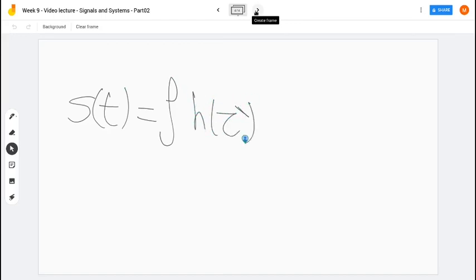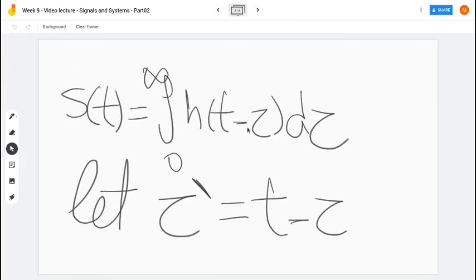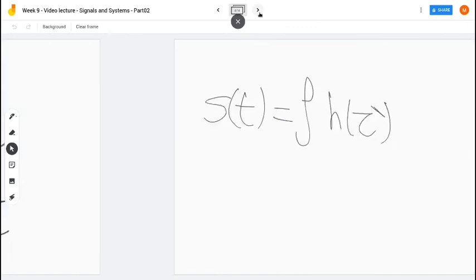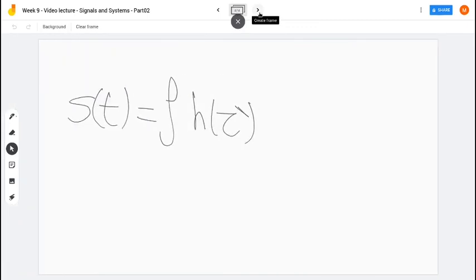First, I have replaced t minus tau by tau prime, and of course d tau will be minus d tau prime, so we have a negative sign over here.